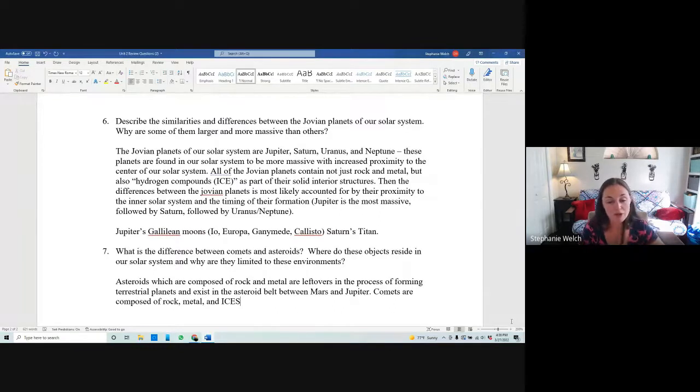So comets are composed of rock, metal, and various types of ice, all of these different ices, and exist happily, we'll say, in the outermost solar system in the Kuiper belt.